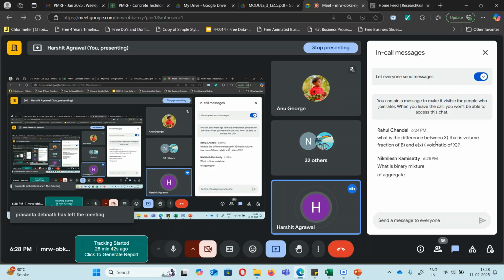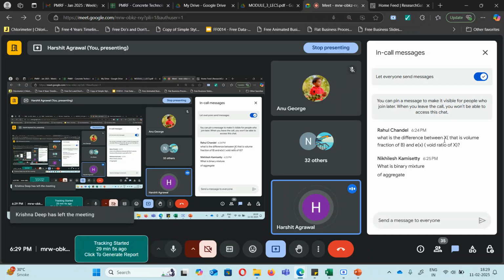What is the difference between X, that is the volume fraction of B, and E(X)? See, X is representing the solid volume. Suppose I have A and I have B. I have 40% of A and 60% of B in my total system. So my solid volume of B is 60%, out of 100%.